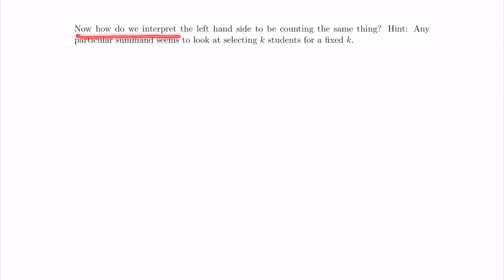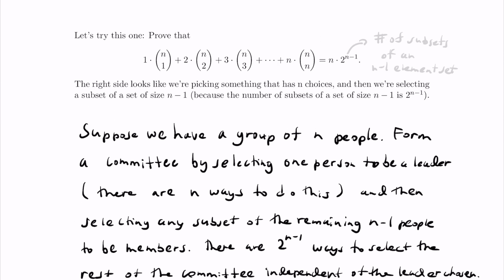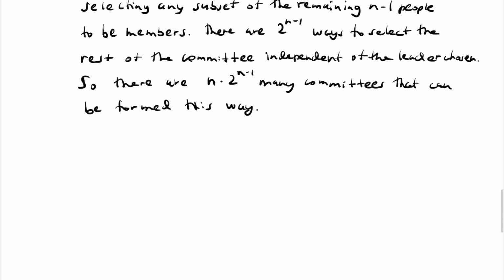Right, so now how do we interpret the left-hand side? Well, if you look at any one of these summands, it seems like you're picking a certain number of students, n choose k for some value k. And then of the k, you're selecting one of those k. That's like selecting one of those k to be the leader.